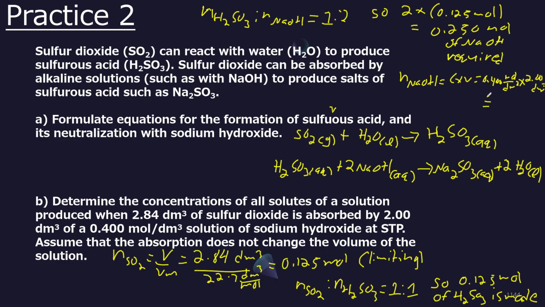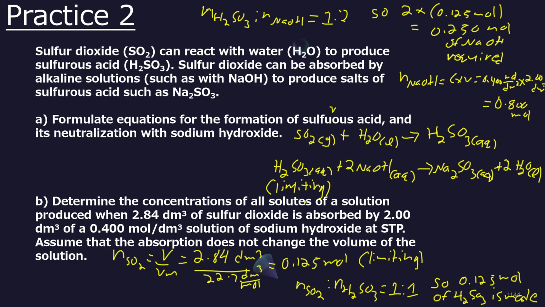But you can see this comes out to 0.8. So we have much more than enough, more than twice as much as we need, more than 3 times as much as we need. So H2SO3 will be limiting in the second equation here.